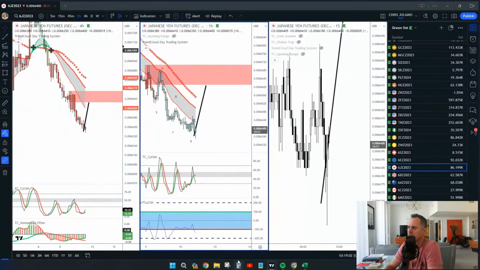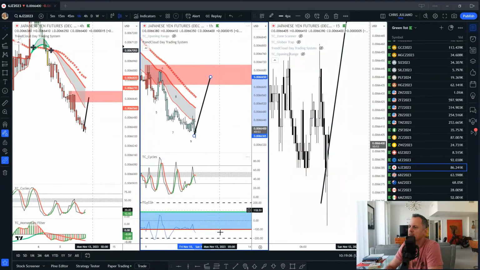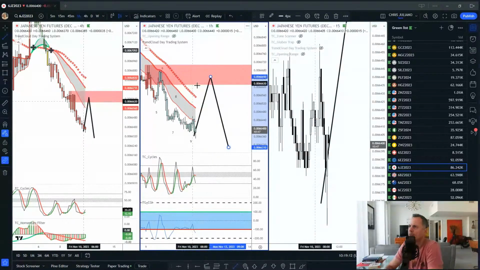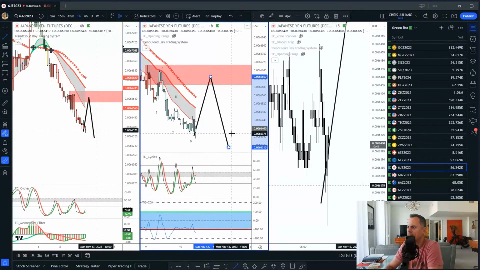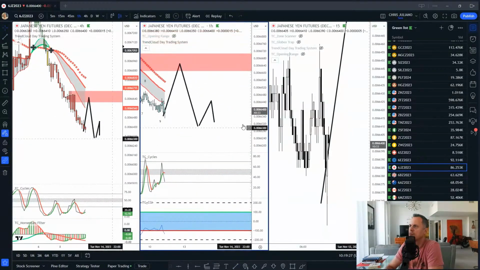Recalculate into that supply zone to continue the move down. Starts from 1 again, right? 9 pulls all the way back, recalculates, and then 1. Pull back, 2, 3. Whoops, right? That's what we're looking for.